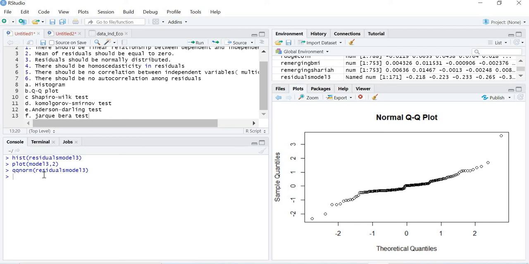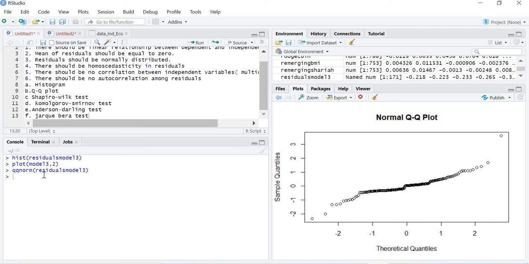Now the third method is the Shapiro-Wilk test. This Shapiro-Wilk test was first published in 1965 by Samuel Sanford Shapiro and Martin Wilk. The test was named after these two persons who invented this method.